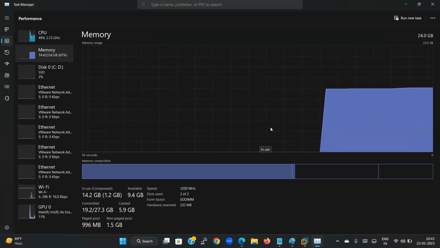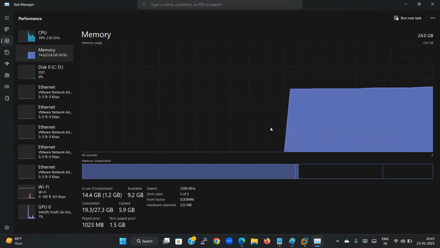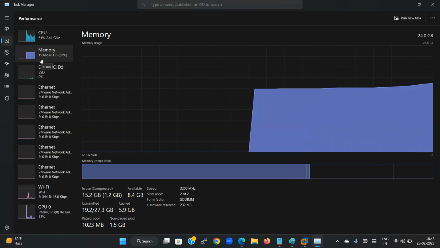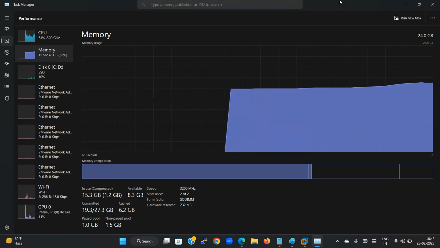The RAM utilization will slowly increase to somewhere like 16 GB or 18 GB, depending upon the process that we are doing inside the virtualization. See that slowly the RAM size is increasing. So the RAM is completely occupied.